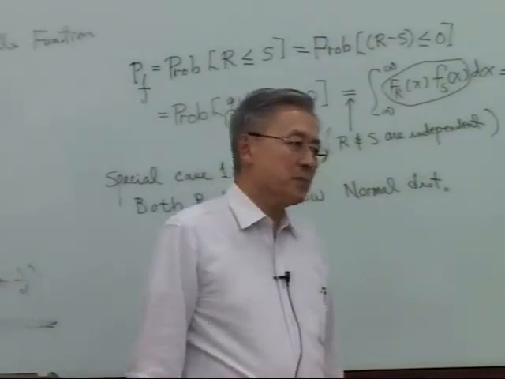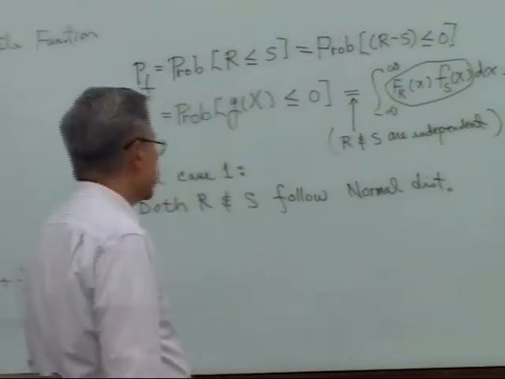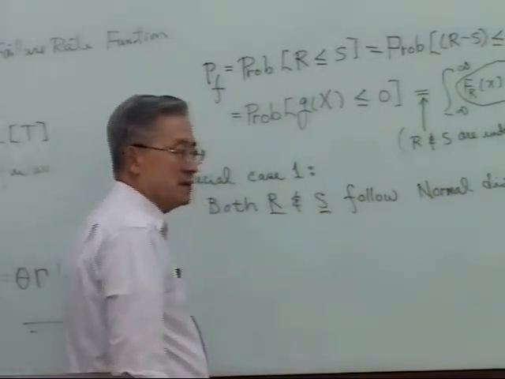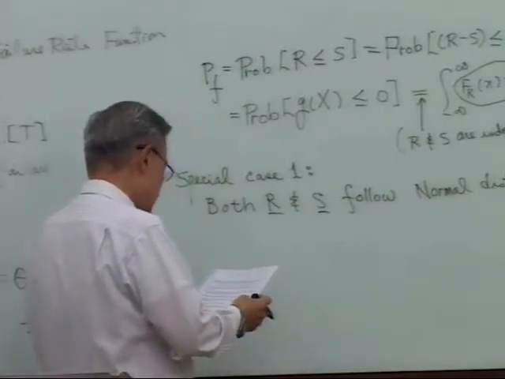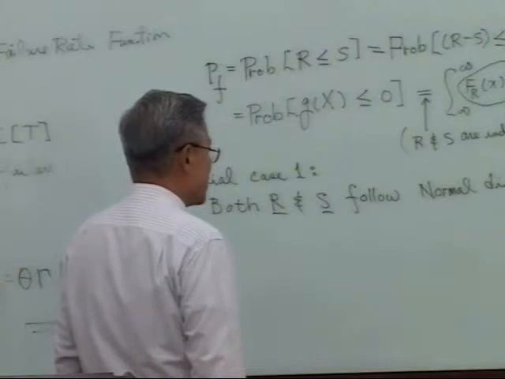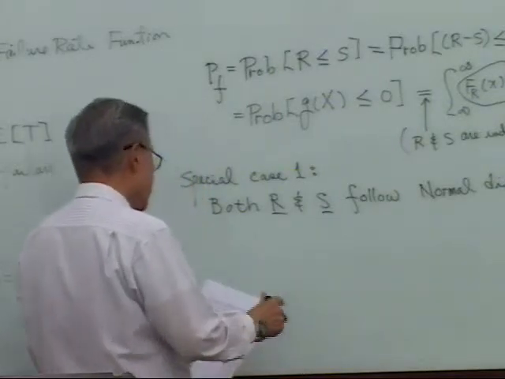Without knowing the probability model, you can't just solve. So assume R and S follow the normal distribution function. We learned the normal distribution function. It's very easy to handle.